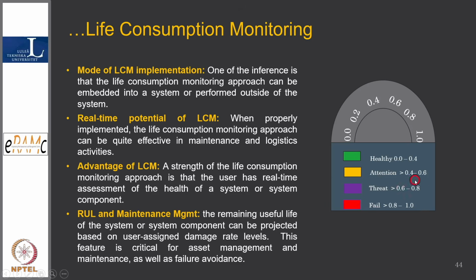That means attention is required and there is a threat component. As a conservative principle, I will start acting here, and before the failure domain comes, I start my maintenance management action. So this is one kind of RUL indication, that remaining useful life is up to here. If I am conservative, I can take 0.8 also.